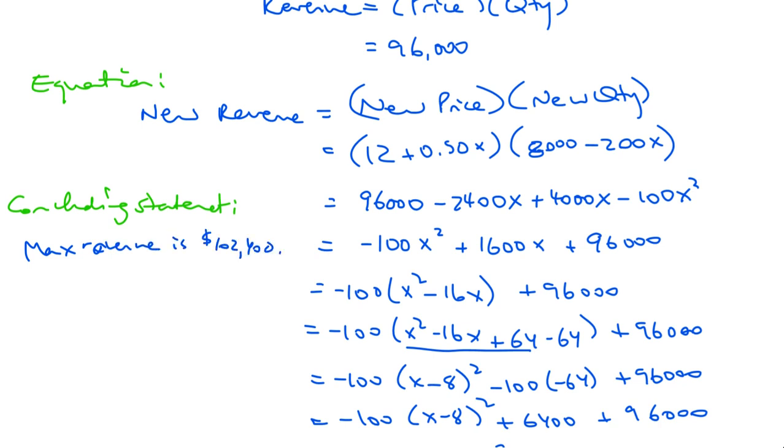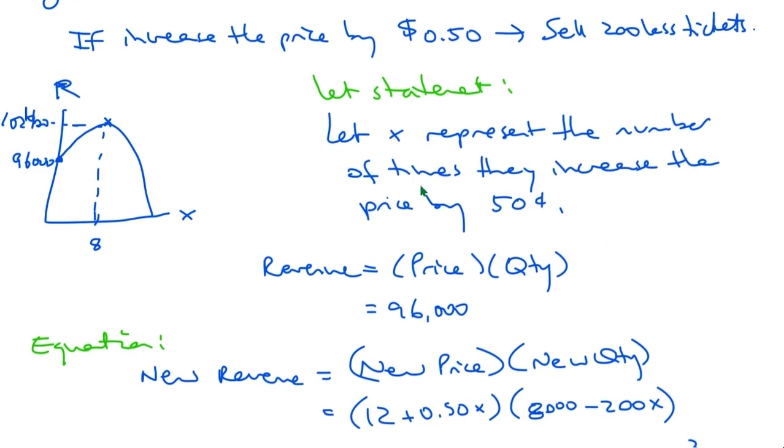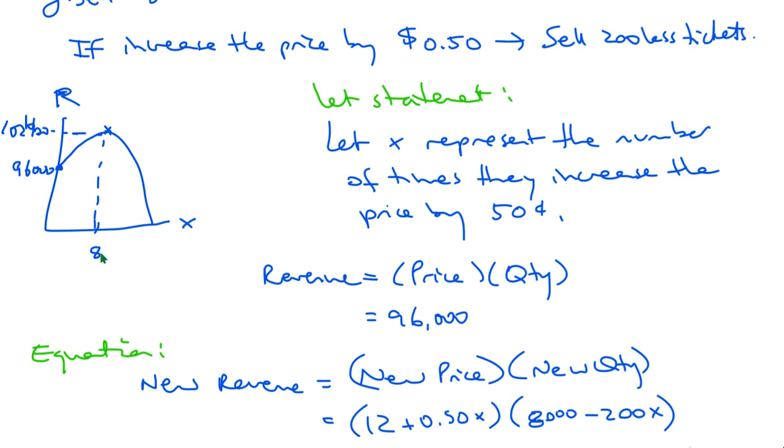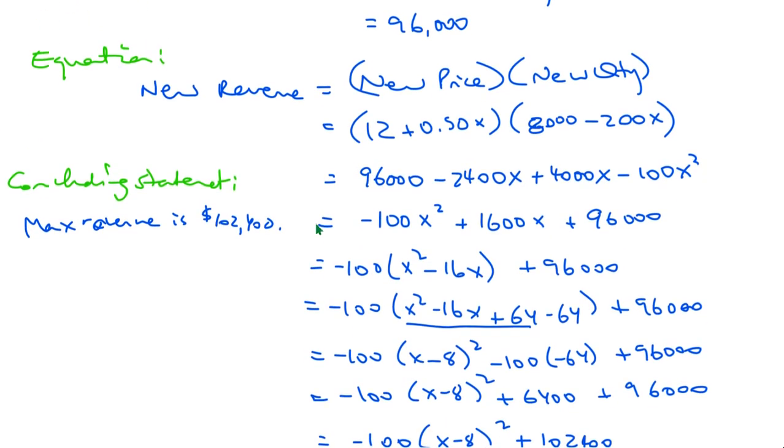The next question is, what should the price be to get that revenue? So let's look at the graph. The price is not $8. The revenue occurs when x is equal to 8. But x is the number of times they increase the price by 50 cents, as in the let statement. So x is not the new price, it's how many times we add 50 cents to the original price.